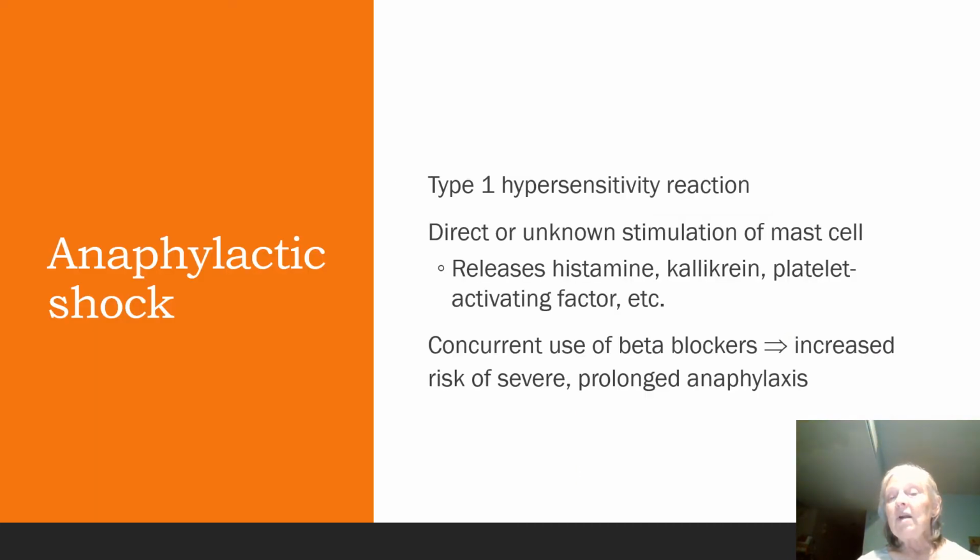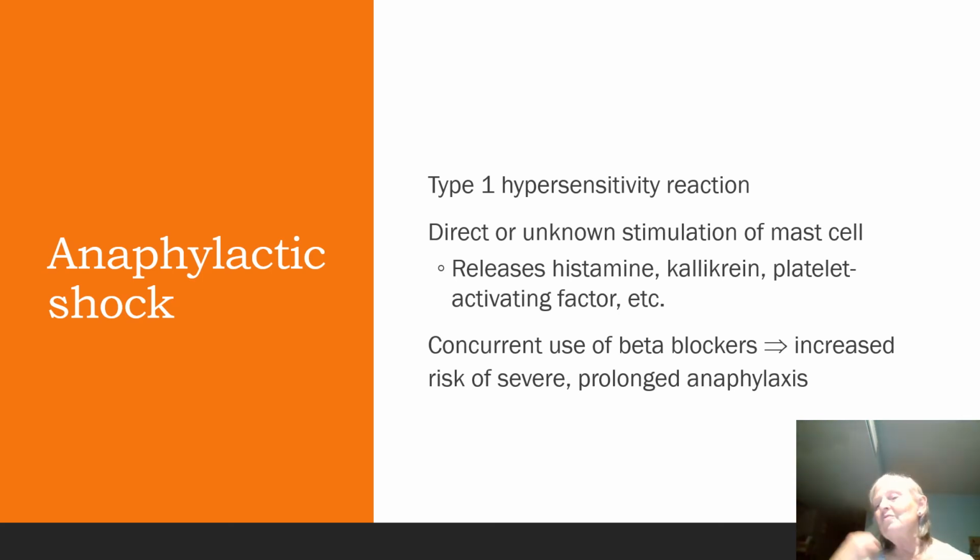So it's a type 1 hypersensitivity reaction, okay? Stimulation of the mast cell. You guys know the mast cell. It helps everything that's going to cause problems if you release it or degrade it at that point. What we're going to do is release some histamine. Histamine is released to call the inflammatory mediators to come and help take care of you, okay?